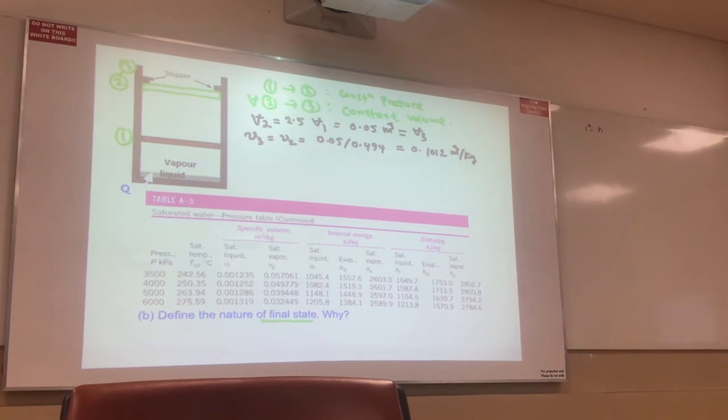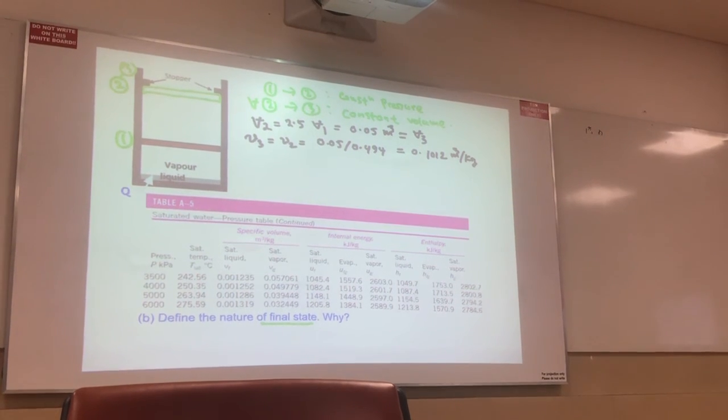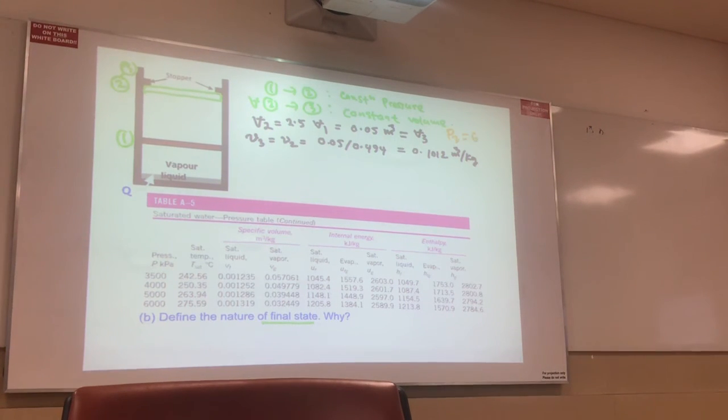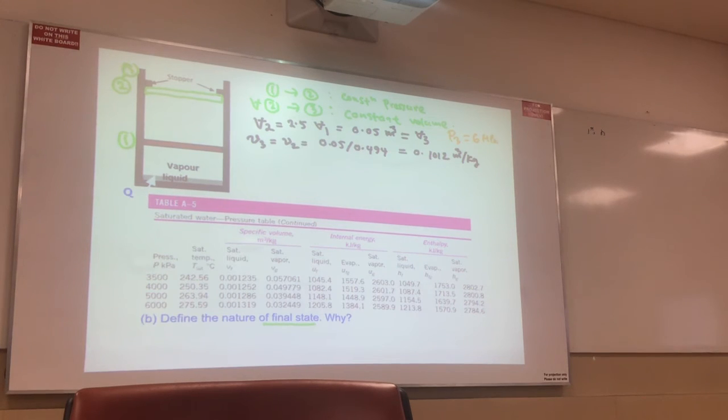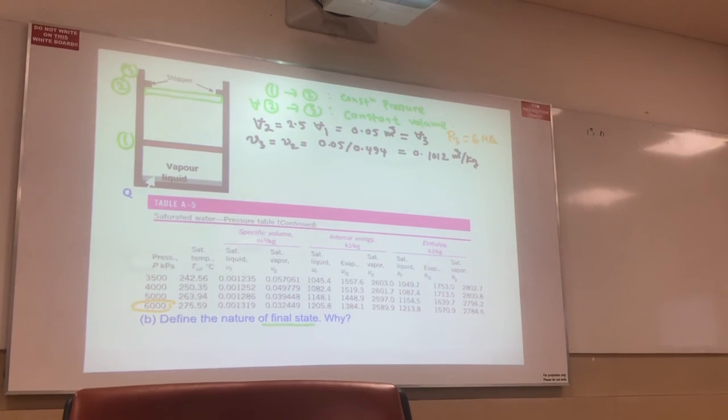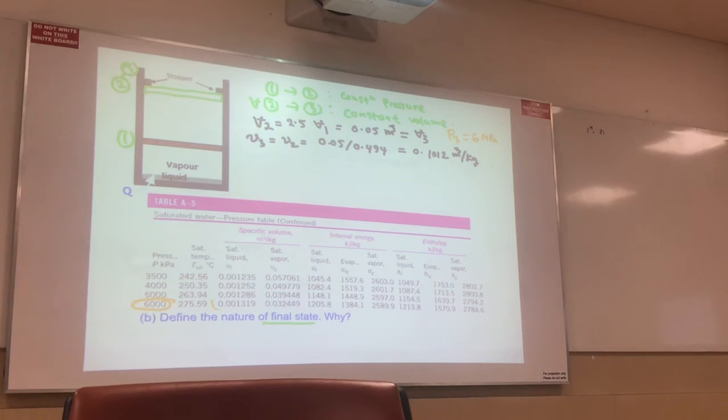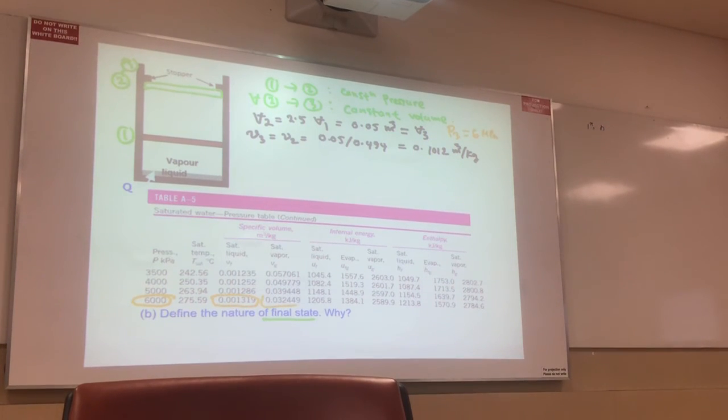Okay, so now you take a look. What is the final pressure? P3, 6 megapascal. Remember, this is the 6 megapascal. At 6 megapascal, this is the vf, this is the vg. Correct.